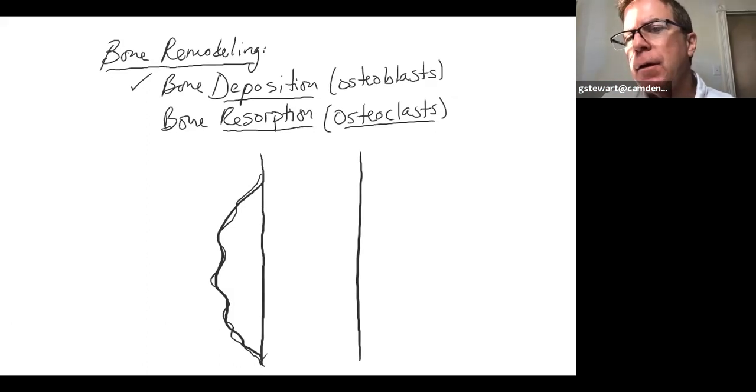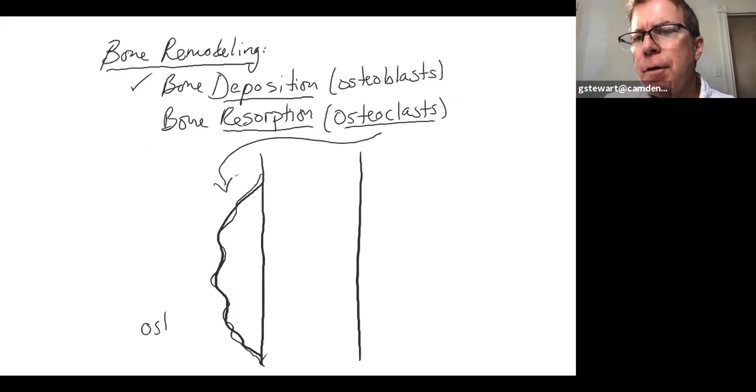And this, I'm just going to draw an arrow. This osteoclast secretes digestive enzymes that dissolve collagen. That's the organic part of bone matrix. And then it also secretes acids that dissolve the minerals.